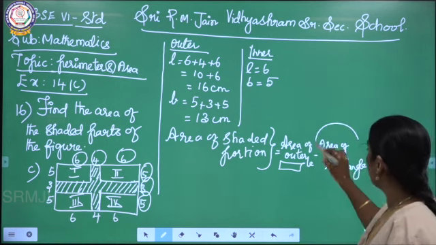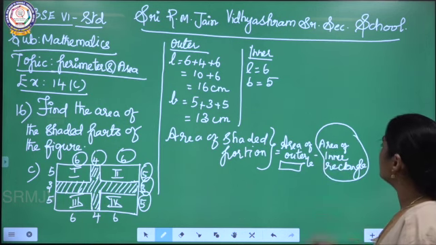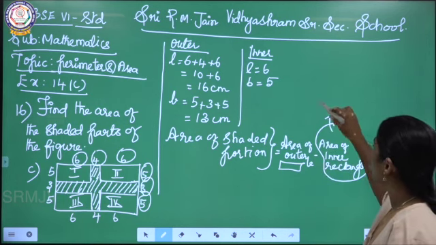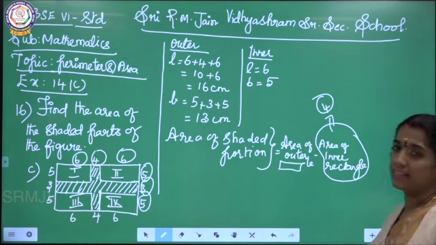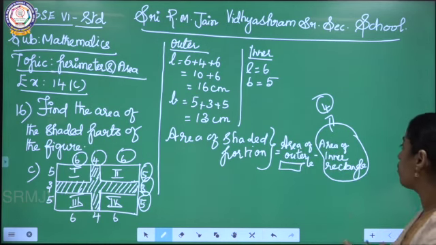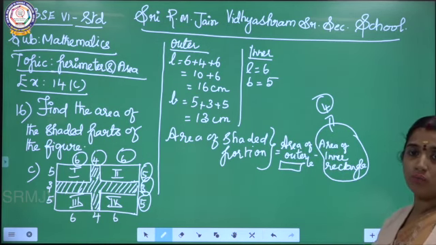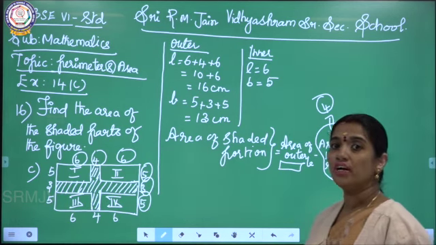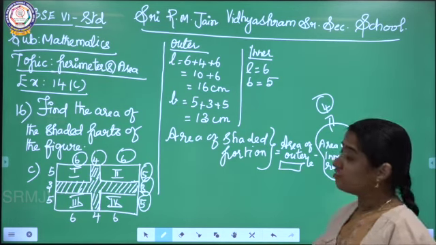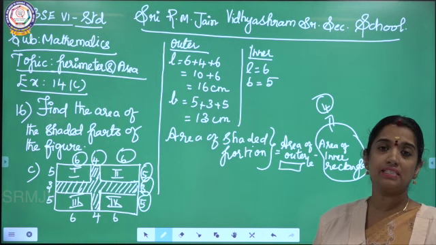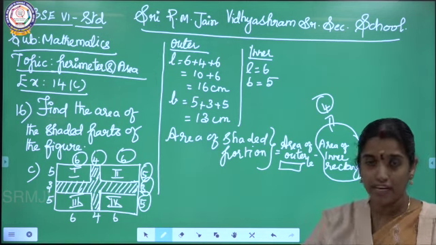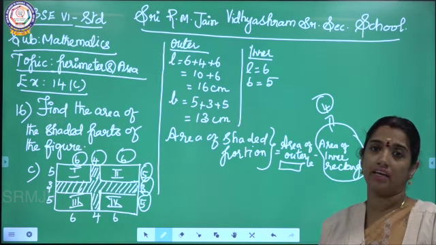But inner rectangle, how many rectangles are there for you? 4 inner rectangles are there. So, I am going to multiply this with what? 4. Can you understand this? See, for the previous A, B sum, for inner rectangle, only one inner rectangle you are having.